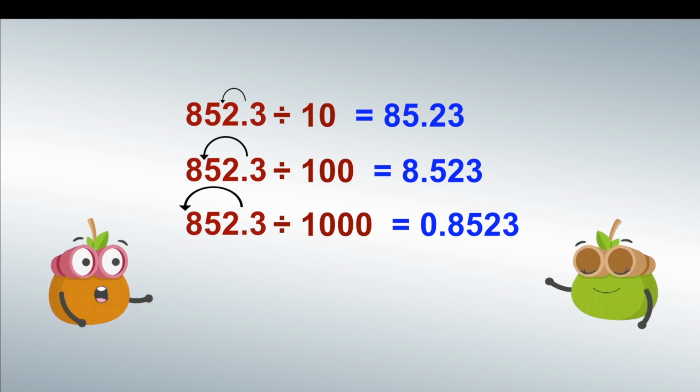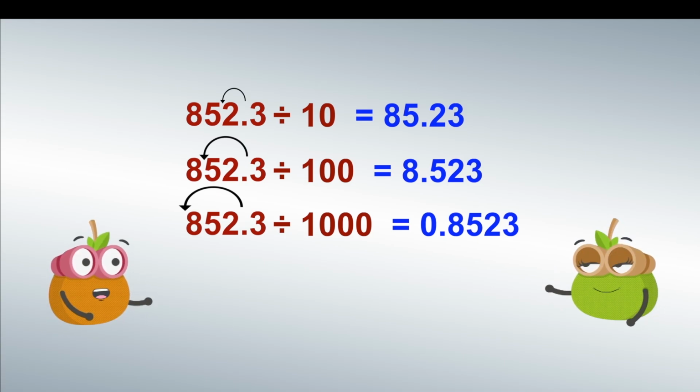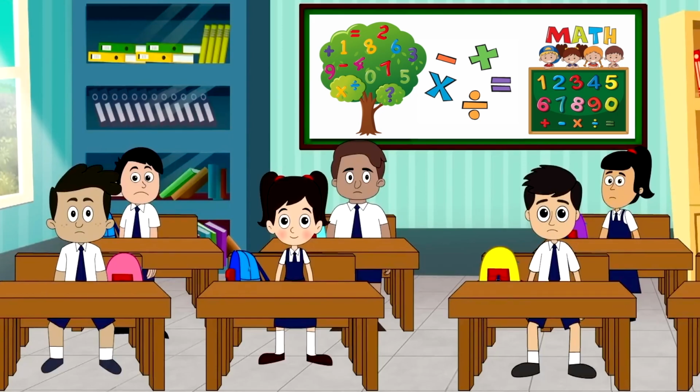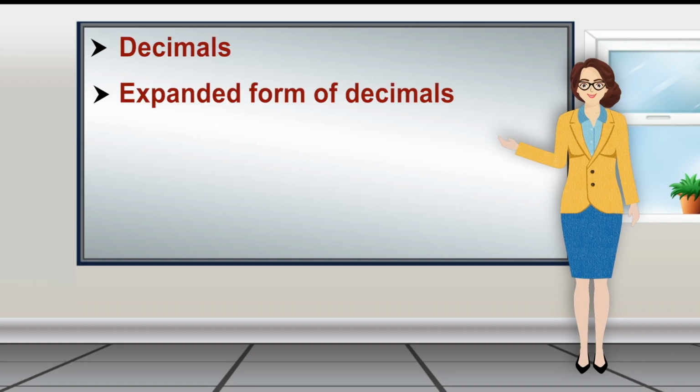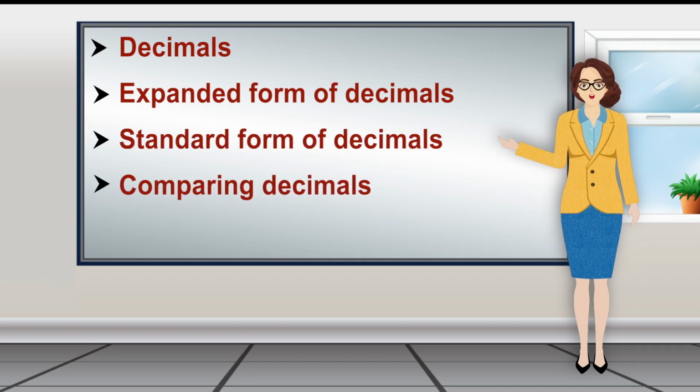If 852.3 is divided by 1000, we will move the decimal point to the left by 3 places and get 0.8523.